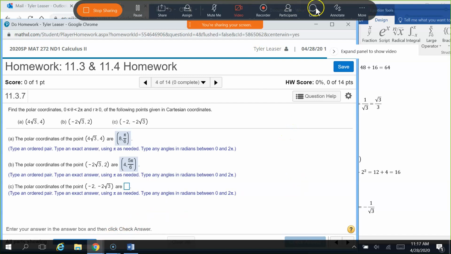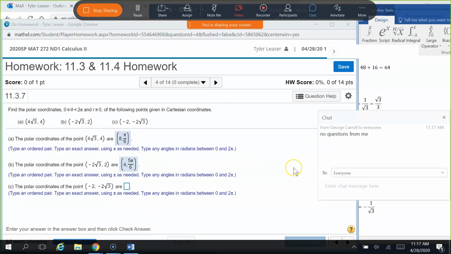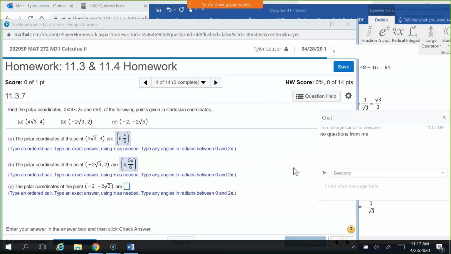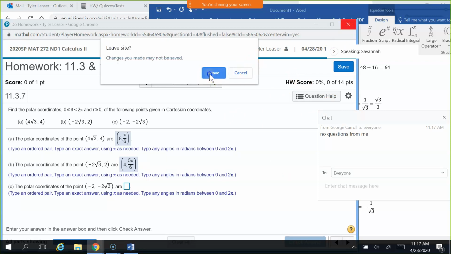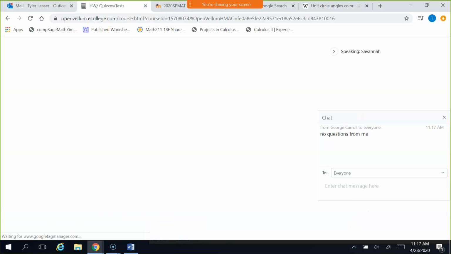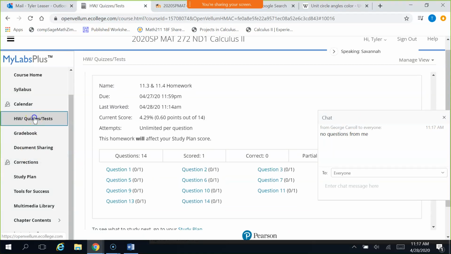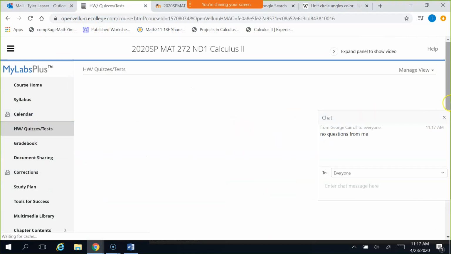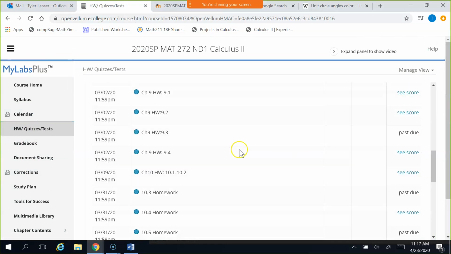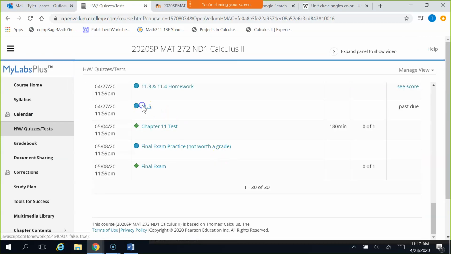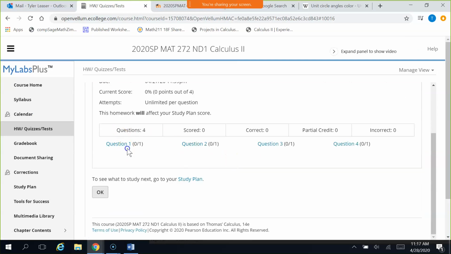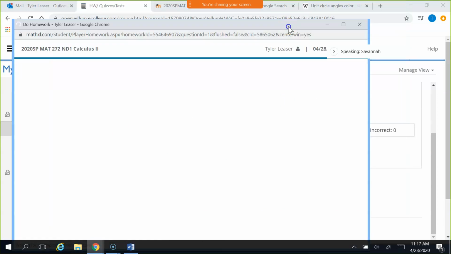Anybody? Any questions? On 11.5, could you kind of maybe do a problem like one of the first ones, to go over like the limits of integrating? Yeah, sure, we can do that.